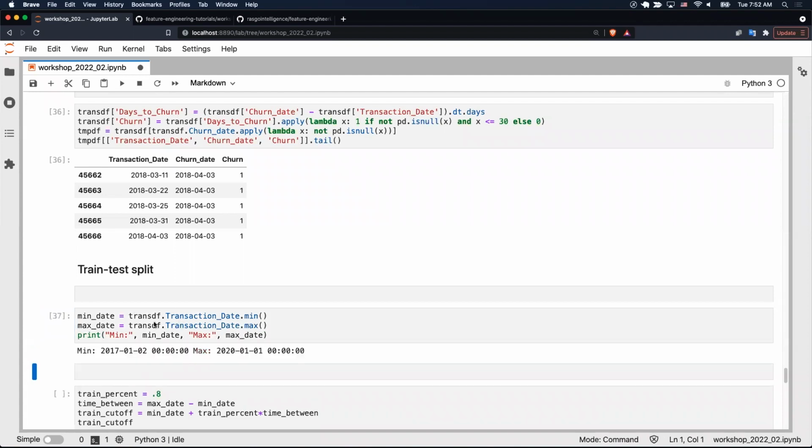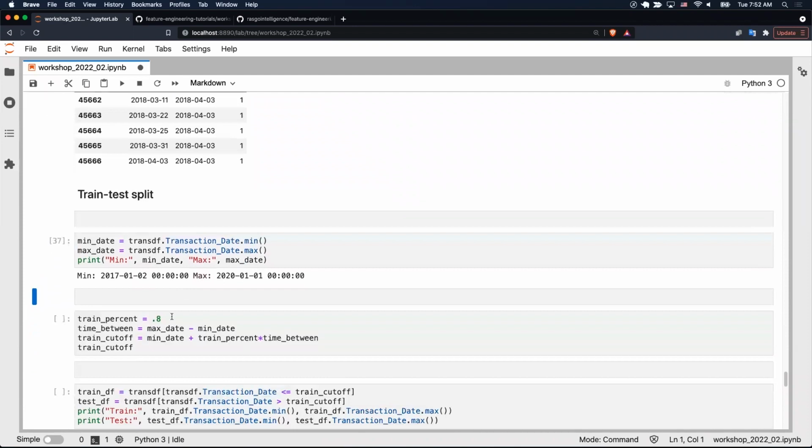So I'm just going to pull the minimum and maximum date in this data. Starts in 2017, ends at the beginning of 2020. I'm going to take 80% of the data to be in training and the remaining 20% to be test.